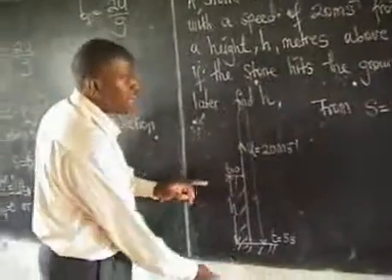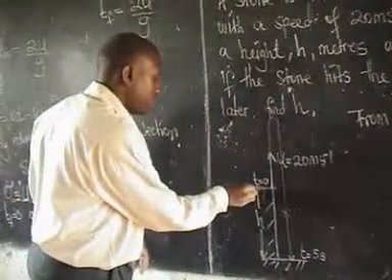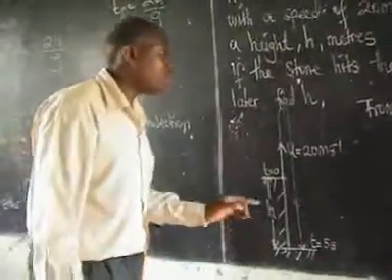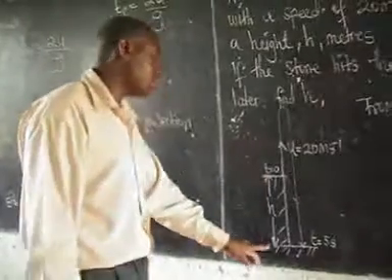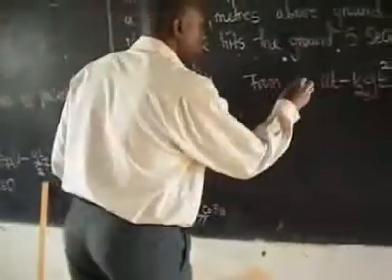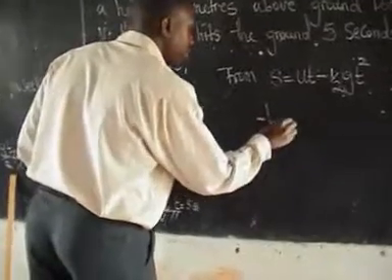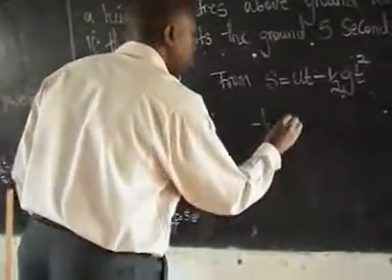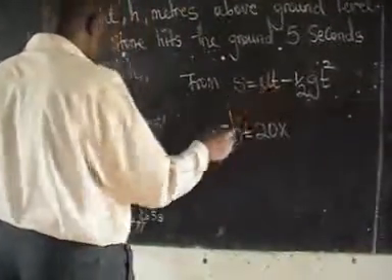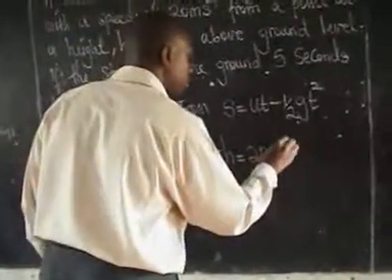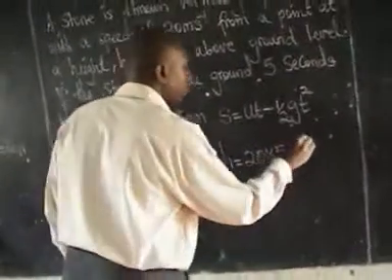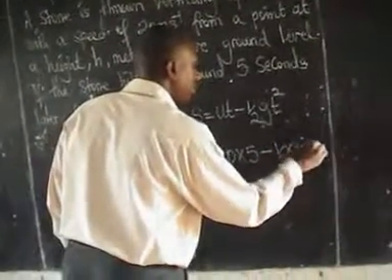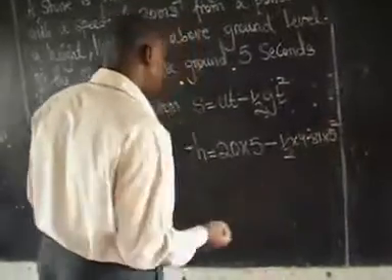Now this h here, if you look at this critically, it is below the point of projection. So if h is below the point of projection, we shall take that displacement to be negative. So we shall have negative h is equal to u is positive, which is 20, times the time t which is given 5 seconds, minus a half times 9.81 times 5 squared.